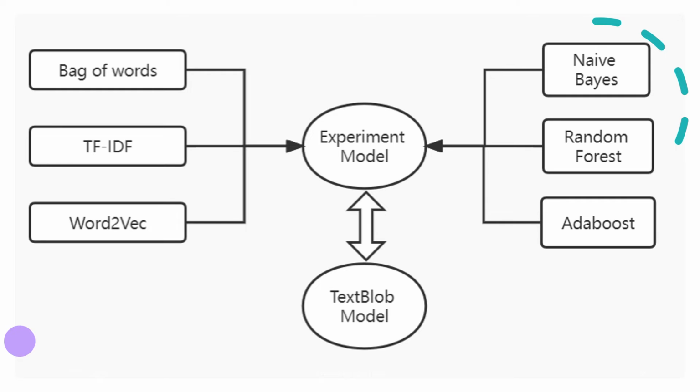Then I split the data into 1 to 5 training and testing samples. I fit the experiment model with the training set. Then I compared the experiment model with the textbook model in terms of accuracy on the same test dataset, in order to see how the textbook model performs compared to the machine learning approach.